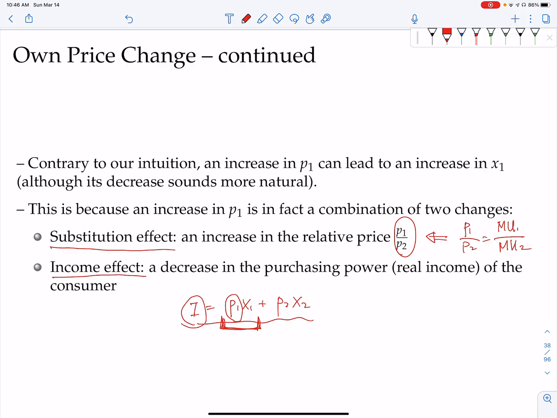Roughly speaking, because X1 is actually going to change, it's not clear if you can say P1 times X1 increases. But anyway, it's as if you have less money to spend on the other goods, the second good, the composite good, right?